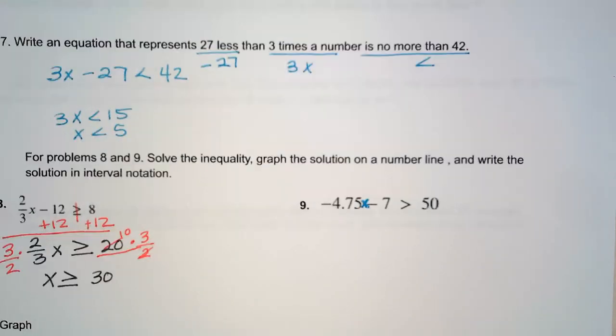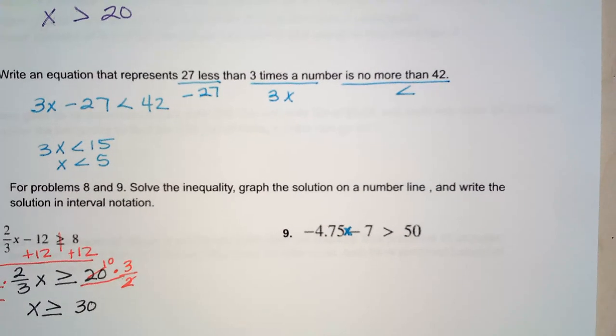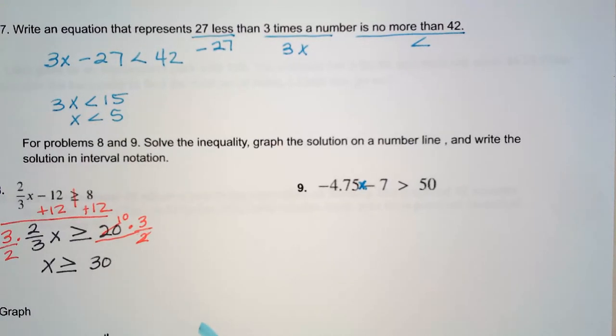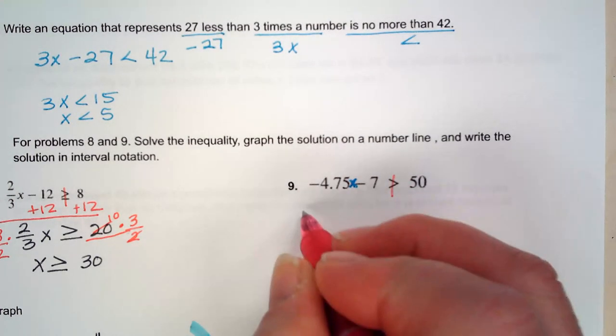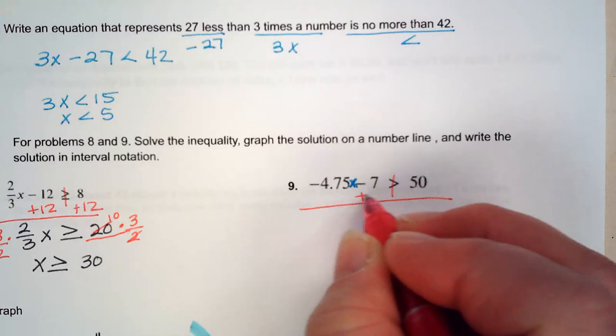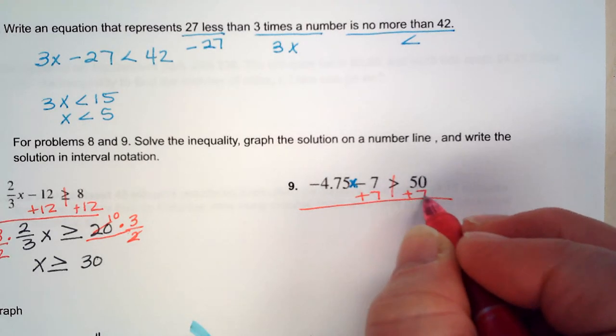Okay, on the next one, negative 4 3/4 x, I left the x out so I had to write it in, minus 7 is greater than 50. Step 1, add 7 to both sides.